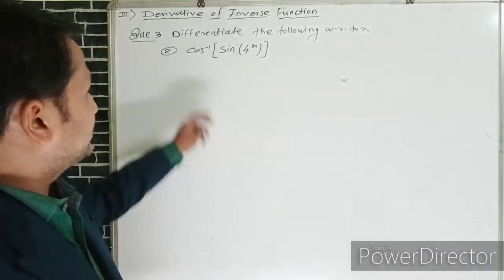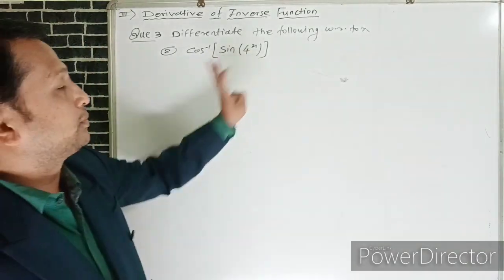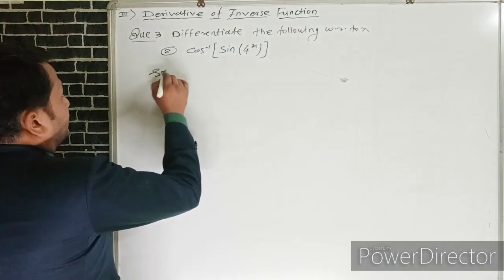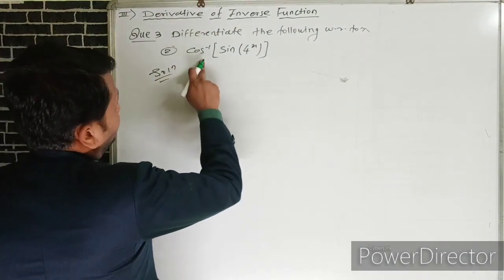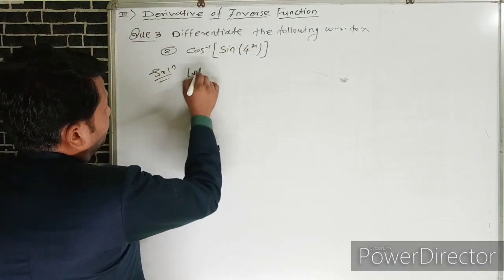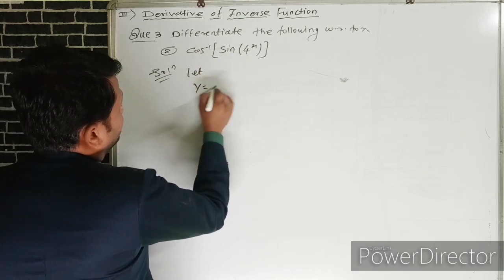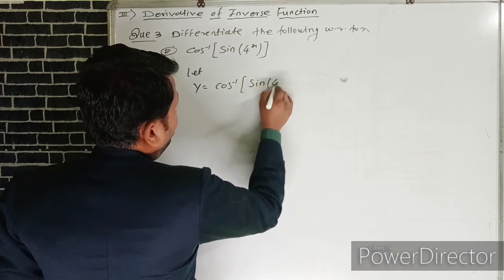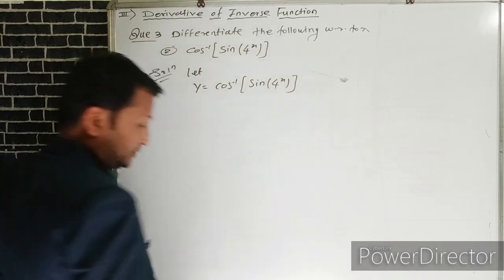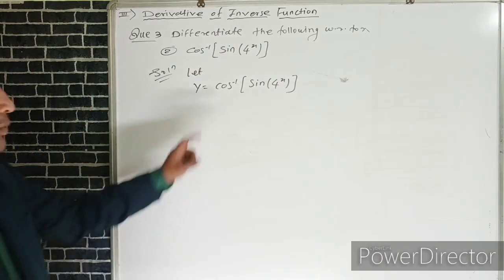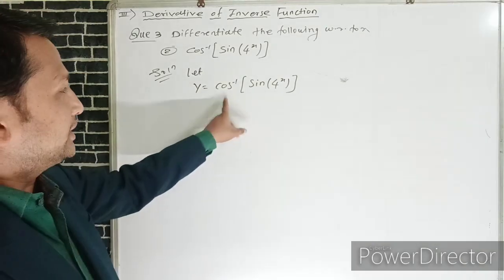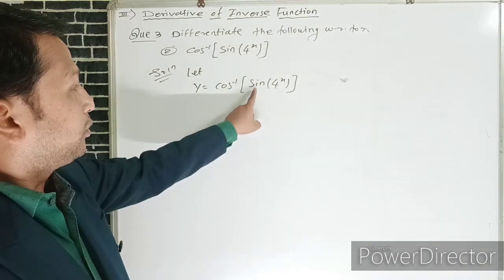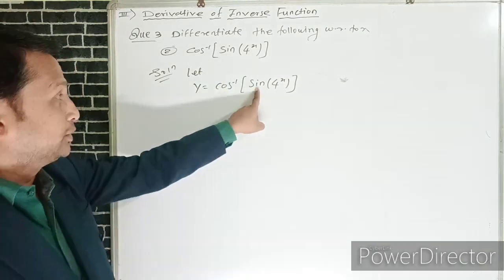Example number 7 is cos inverse of sine of 4 raised to the power x. If we differentiate the given function, first we consider the given function y is equal to cos inverse of sine of 4 raised to the power x. To differentiate it, we first convert sine into cos.